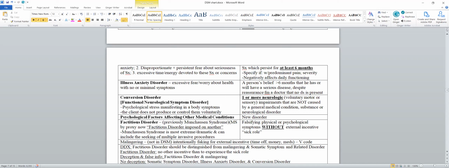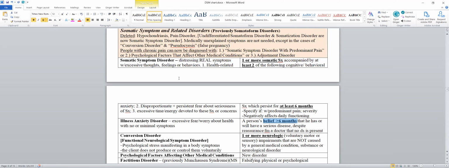Negatively affects daily functioning. Illness anxiety disorder. Excessive fear or worry about health with no or minimal symptoms. So somatic symptom disorder has symptoms, real physical symptoms.